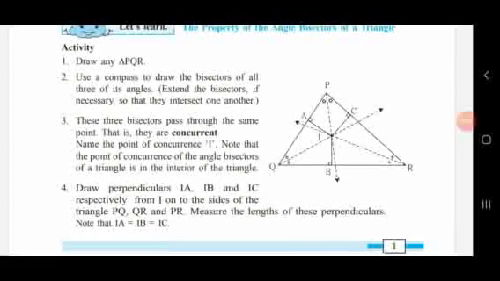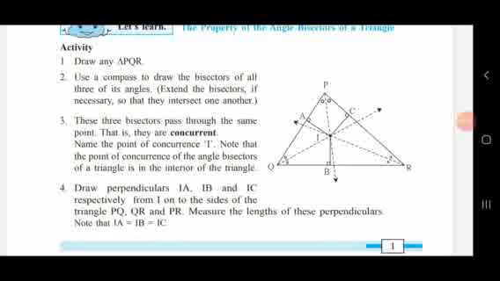Here for this triangle, the point of concurrence lies in the interior of the triangle. After this, draw perpendiculars from point of concurrence. Give name I to point of concurrence and draw IA, IB and IC, that is perpendiculars from point of concurrence.